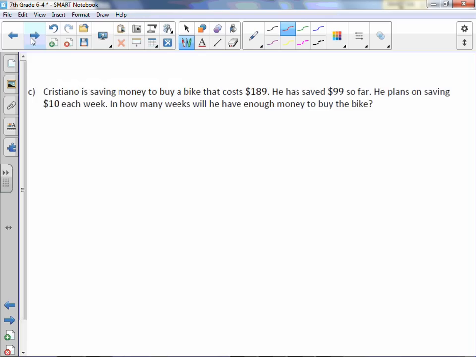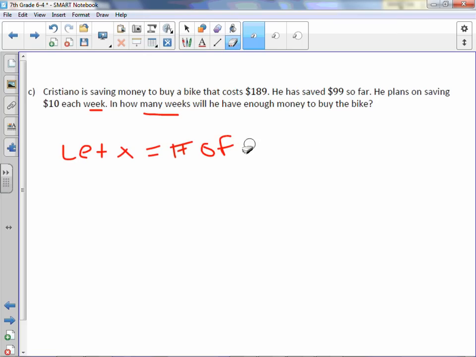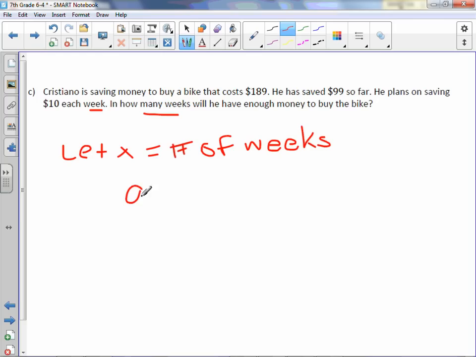Cristiano is saving money to buy a bike that costs $189. He has saved $99 so far. He plans on saving $10 each week. In how many weeks will he have enough money to buy the bike? So let x equal number of weeks. He has $99 and he plans to save 10 each week, and he needs $189.